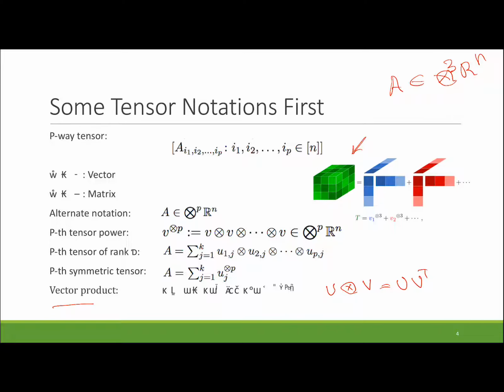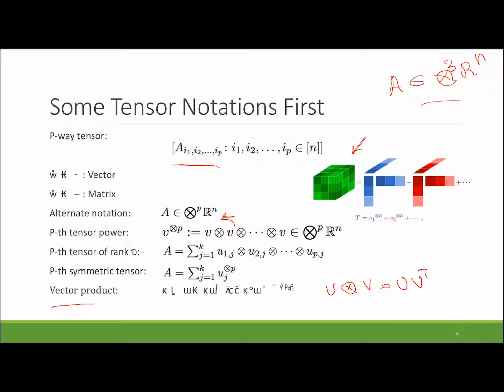And this generalizes to higher dimensions. If you cross multiply a vector and a matrix, you are going to get a three-dimensional tensor, basically. You can show a tensor by its individual components, or you can use this cross notation that we saw here.